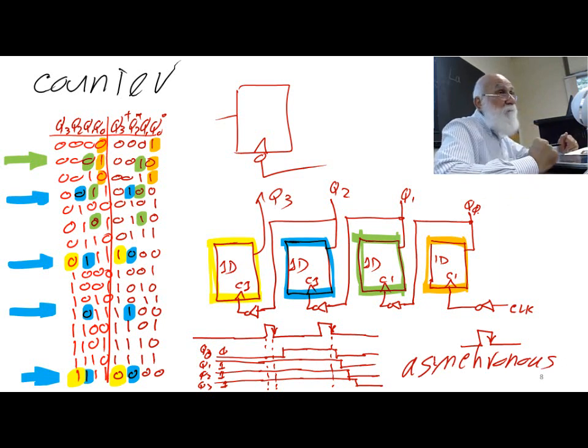But the good thing about this one is that it's cheap. You don't even need those AND gates.